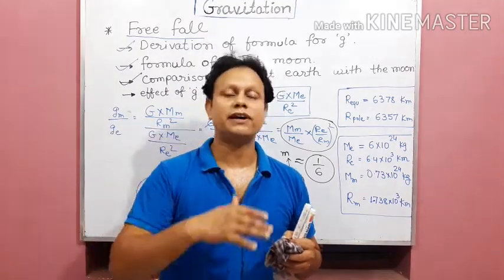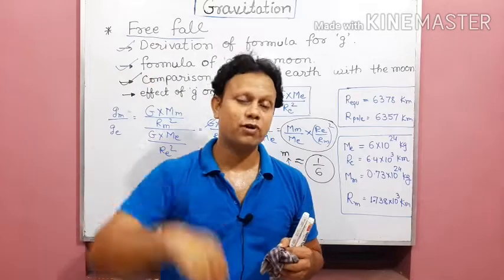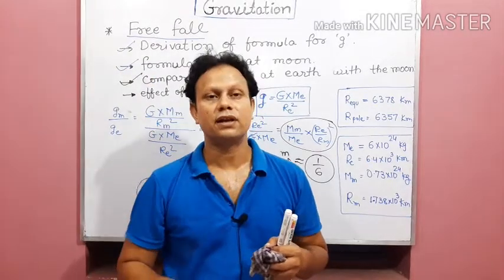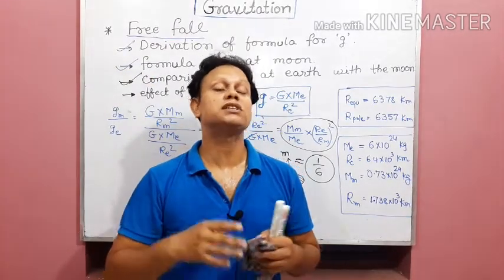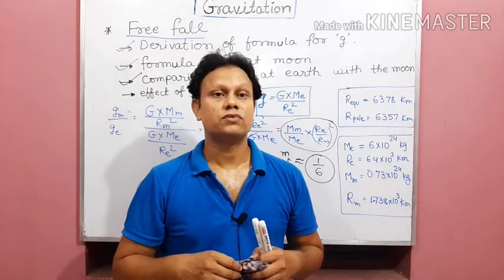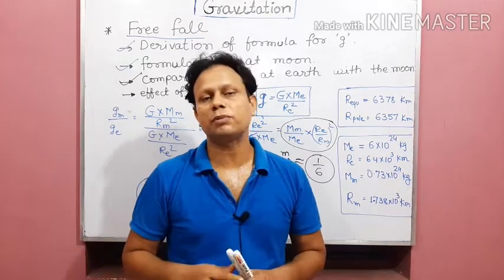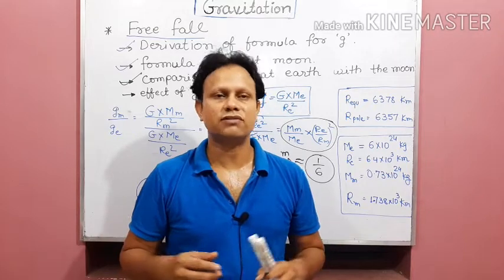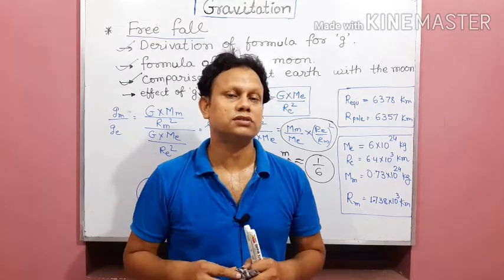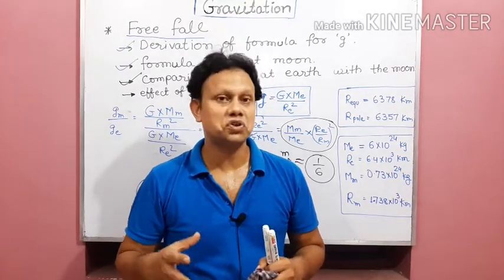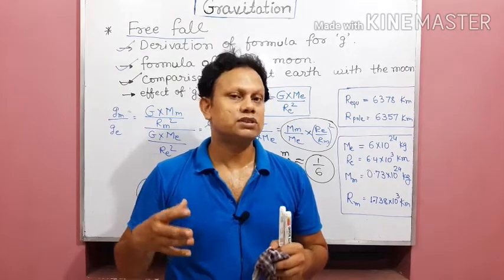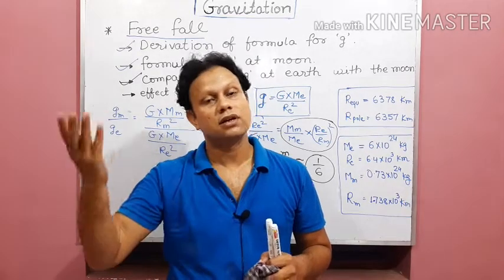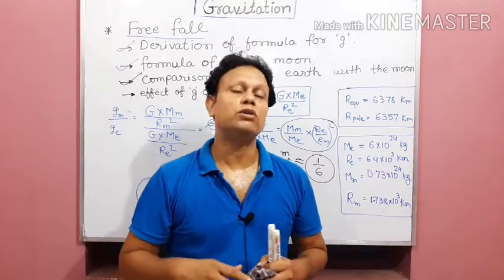When they are flying fighter planes, sometimes there will be a sudden drop of the plane. In that situation, the value of g increases very high, to 9g even. If the body is not capable of tolerating that, how can they survive? They will be unconscious. So astronauts and fighter pilots are trained, because it's not easy to survive in either a high value of g or a low value of g.